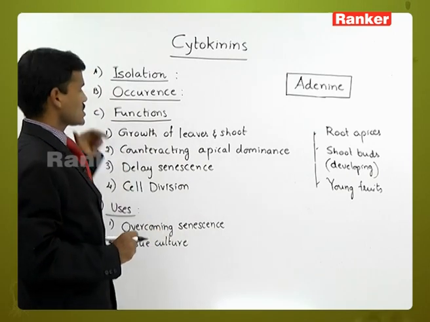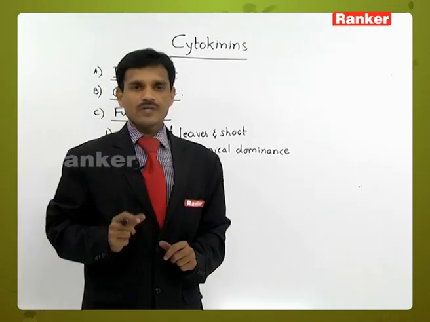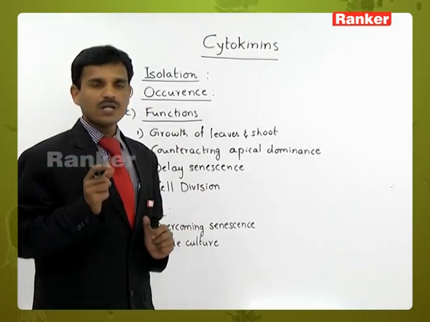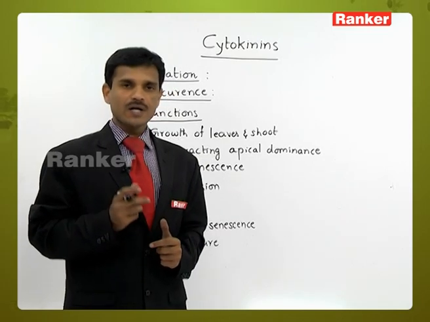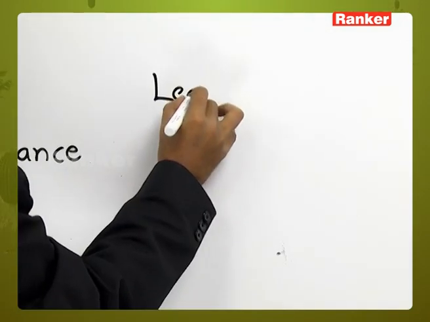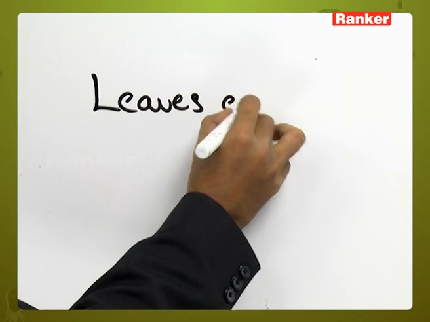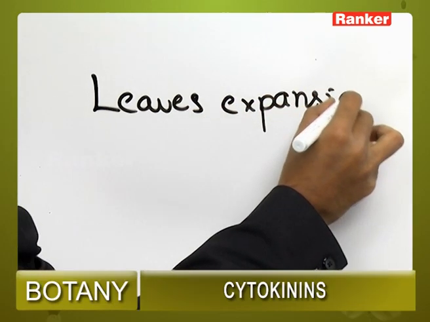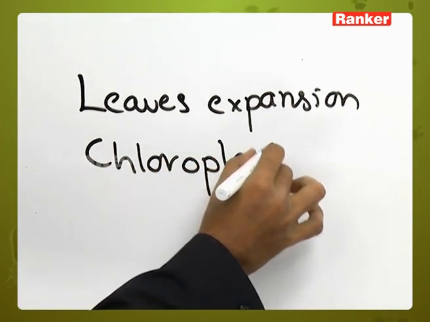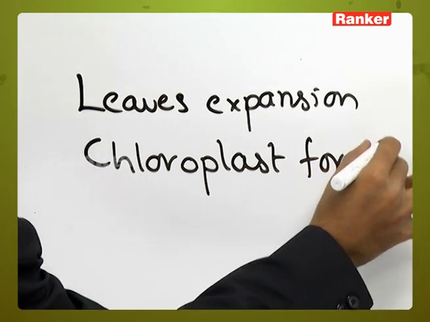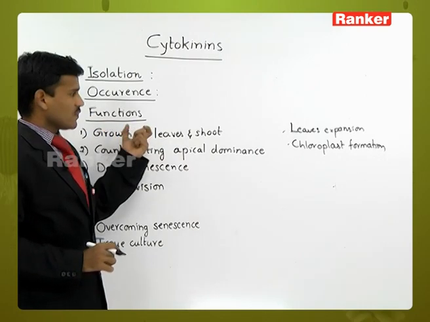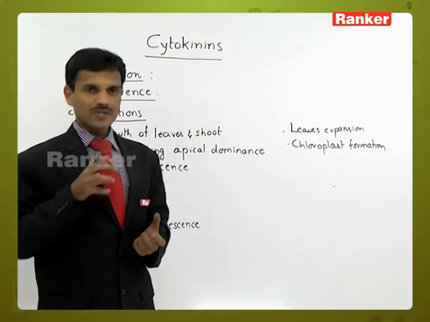Next, the functions of cytokinins. The first one is growth of leaves and shoots. Cytokinins are involved in leaf expansion and in chloroplast formation within the leaves.